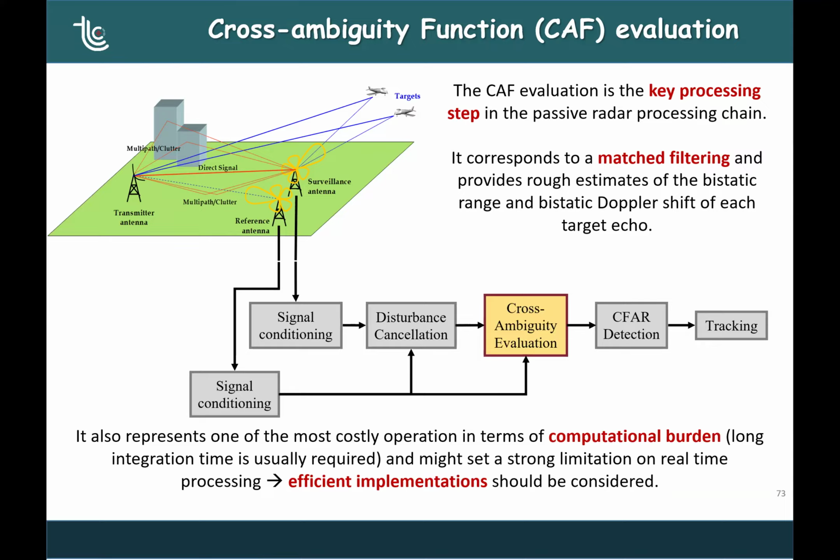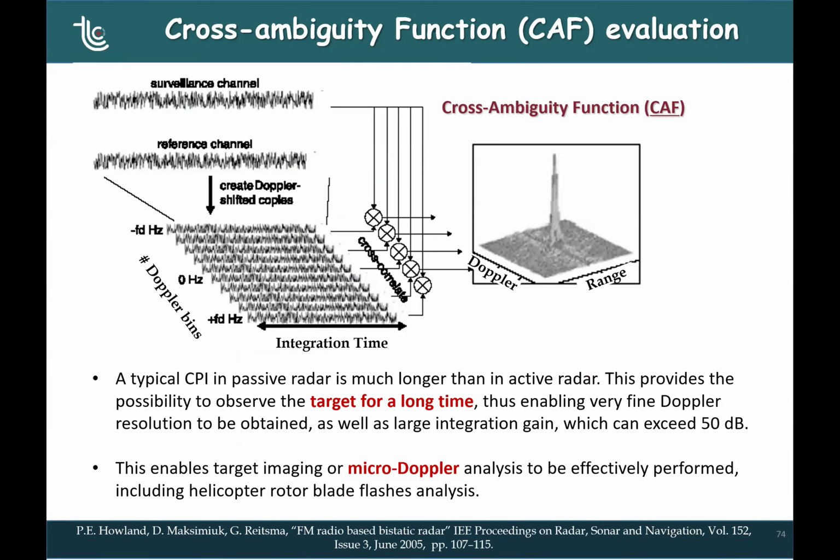That's why this operation in terms of computational burden is very costly. So we need to find efficient ways to calculate the cross ambiguity function. We need efficient implementations. So let's look at the cross ambiguity function.